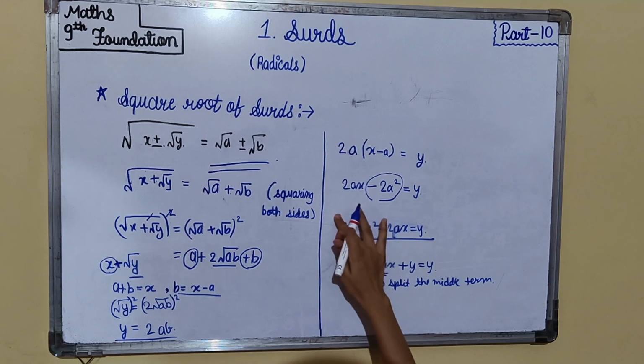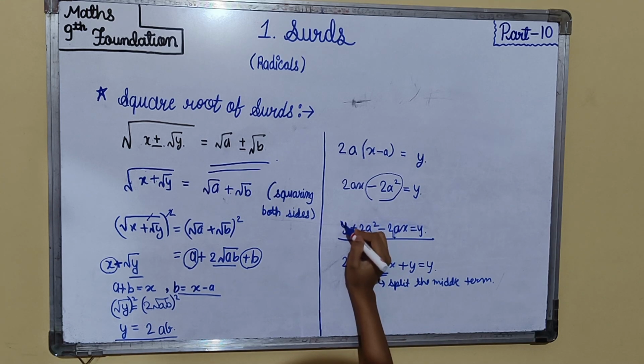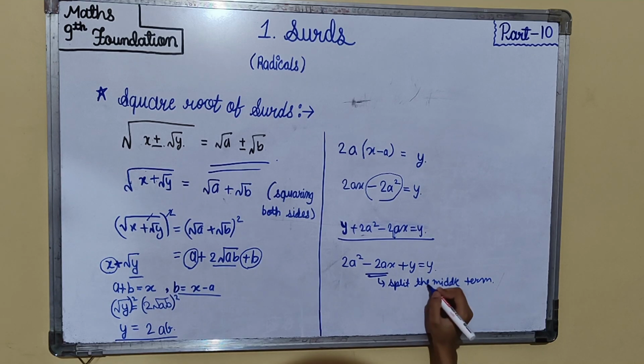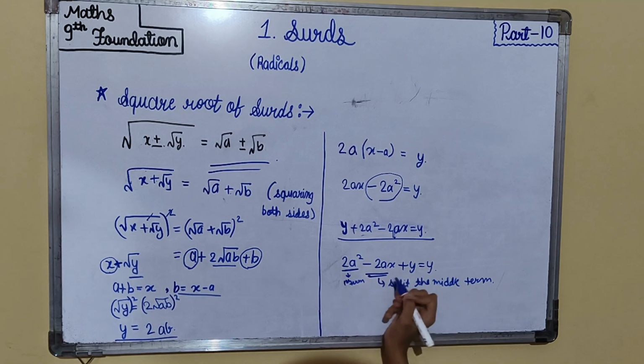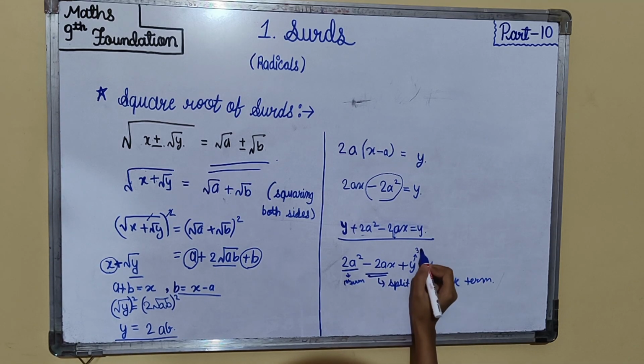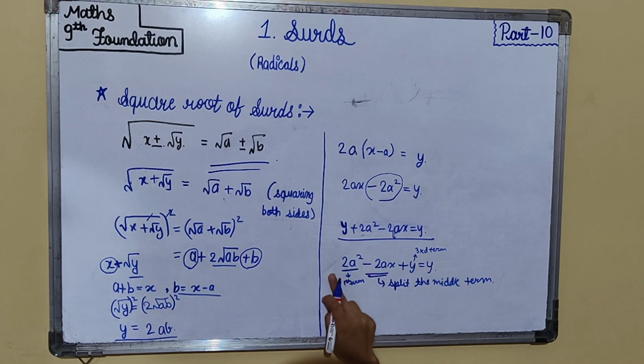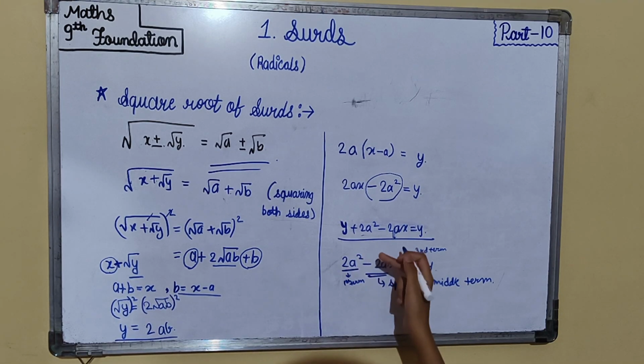This might be confusing. Let's see how it is actually by solving examples. So this was the introduction part of the square root of surds. I hope you've understood. I'd like to revise the middle term splitting. First of all, this is the first term, and this is the third term. The whole rational term and the first term, that is always squared.